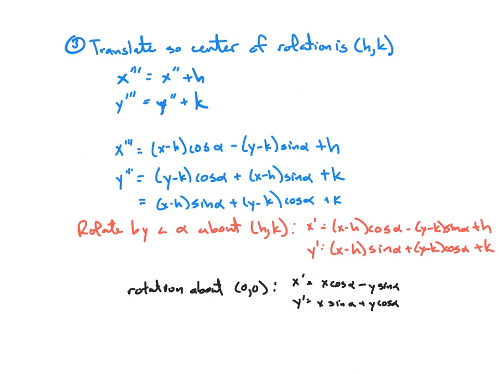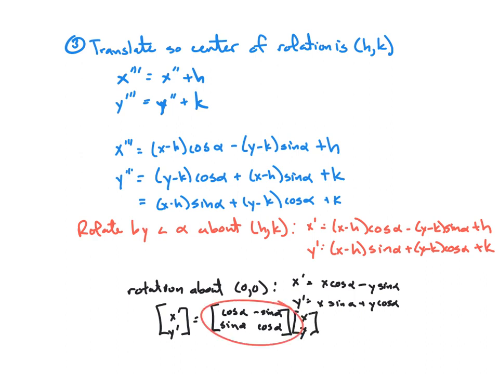We get a really nice thing here in that we can rewrite this in vector notation: (x prime, y prime) equals the matrix with rows (cosine alpha, negative sine alpha) and (sine alpha, cosine alpha) times the vector (x, y). We can use this matrix notation, build a matrix, and multiply it by any vector for any point and get the output quite easily. It's a nice way to automate this.